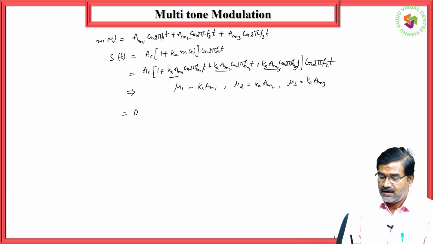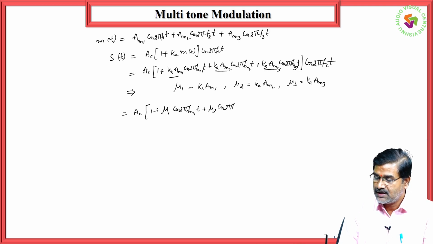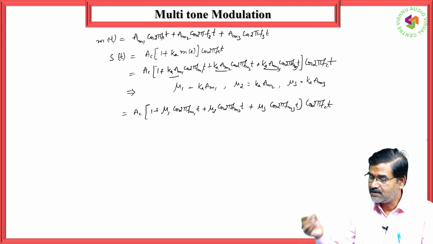Now I can write this as Ac into 1 plus mu1 cos 2 pi fm1 t plus mu2 cos 2 pi fm2 t plus mu3 cos 2 pi fm3 t, into cos 2 pi fc t.